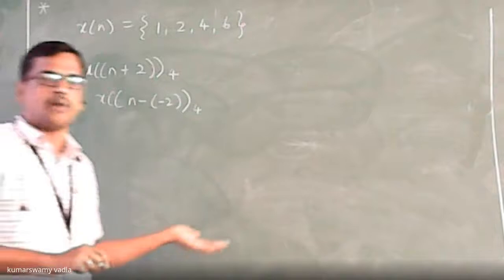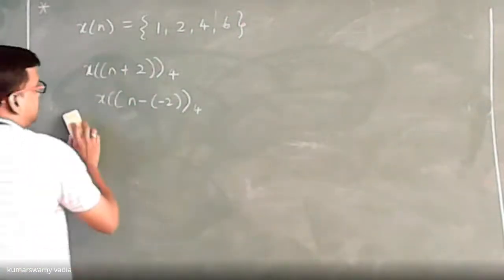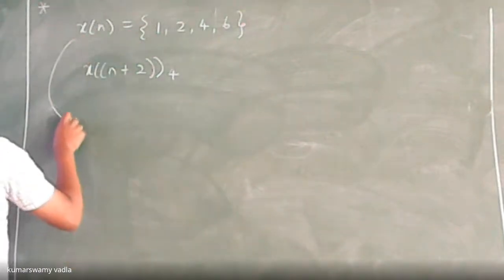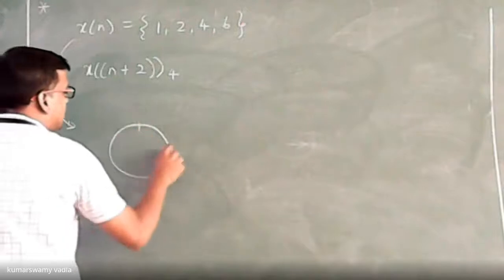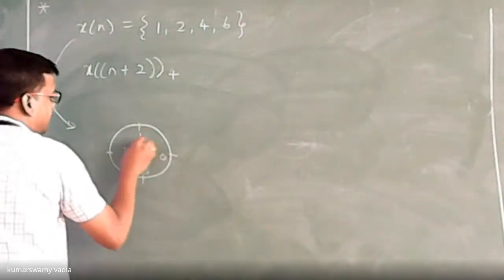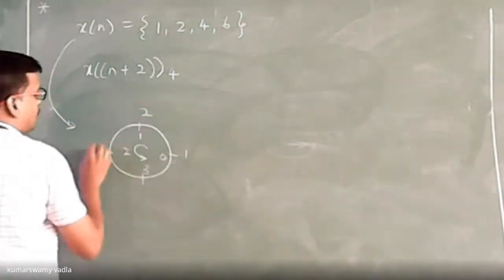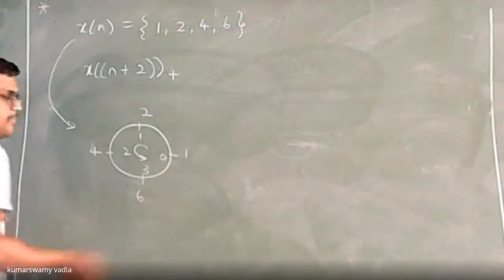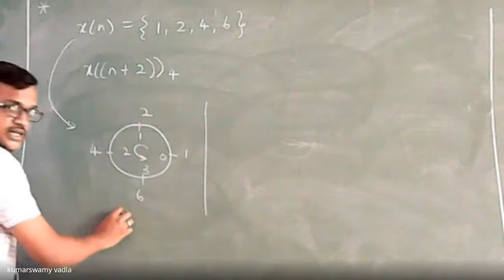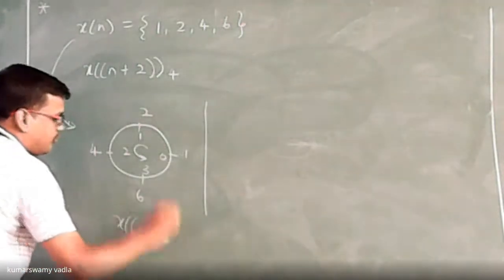So this is an advanced operation. First, write down the question in the form of a circle: 0, 1, 2, 3, anti-clockwise, that is 1, 2, 4, 6. This represents x of n of 4.